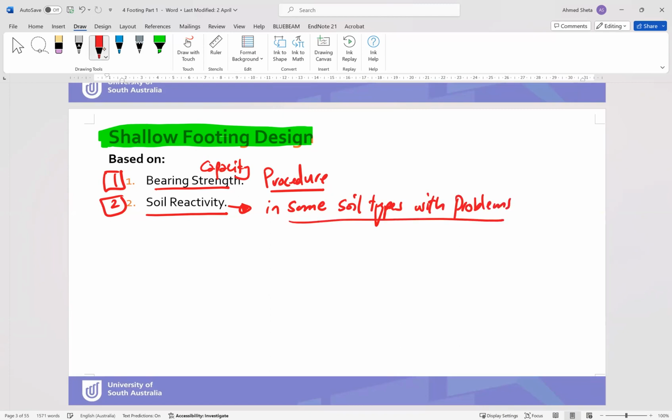So it is not used for all soils, but some soils with problems, such as expansive soil or swelling soil. Okay, so this is generally the design criteria for shallow foundation or shallow footing.